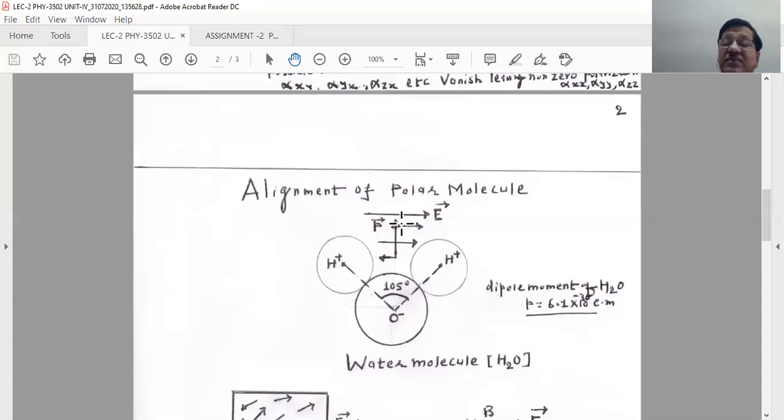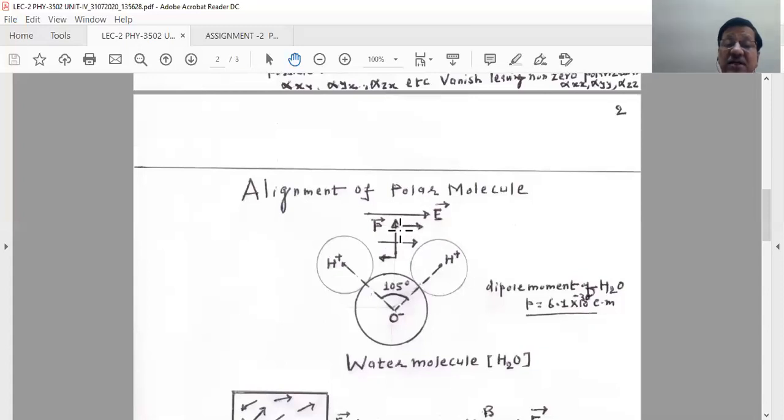Let us try to understand what happens when the positive charge and the negative charge of the molecule experience a force. Here I have applied my electric field along the x direction, and the positive charge experiences a force along the field direction.